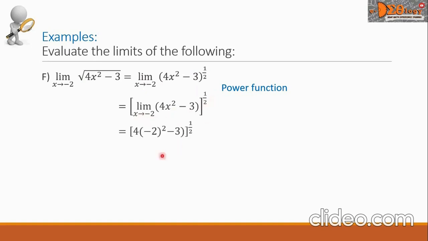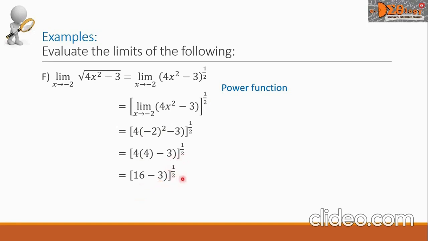Evaluating the limit, we have now 4 times the quantity -2, that is squared, minus 3. And this quantity is raised to 1/2. The square of -2 is 4. So we have 4 times 4 is equal to 16 minus 3.